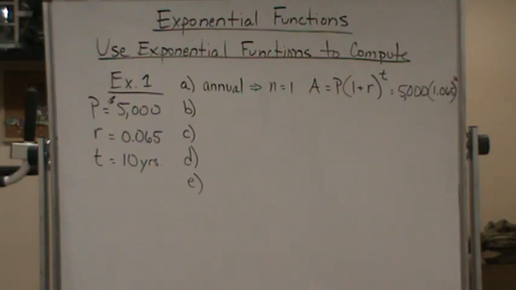Okay, so we take 5,000 and multiply that by 1.065 raised to the 10th power.